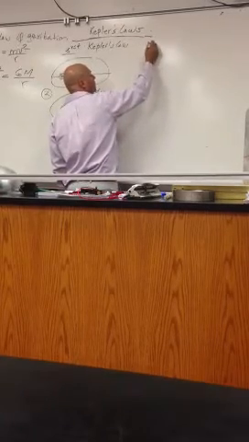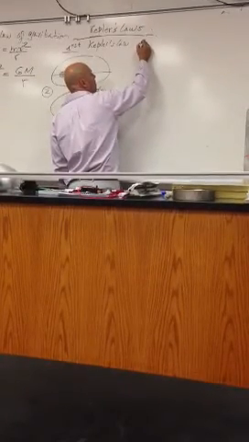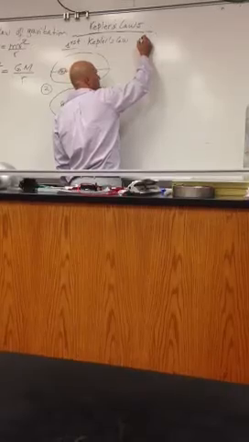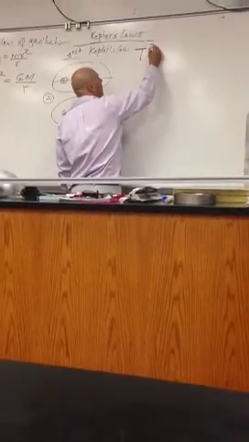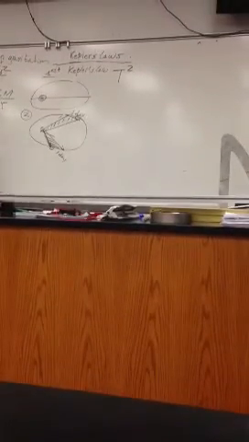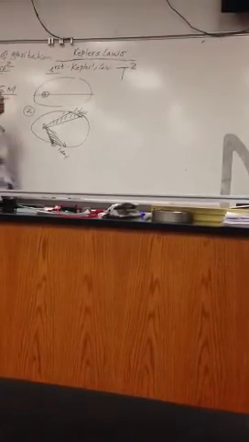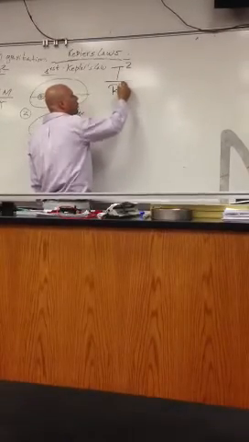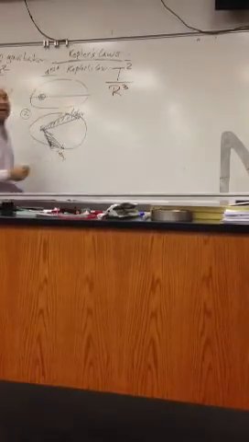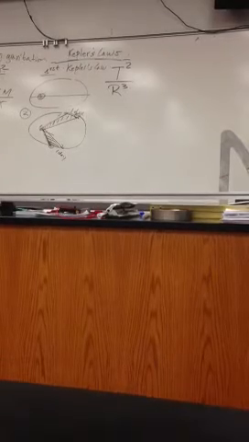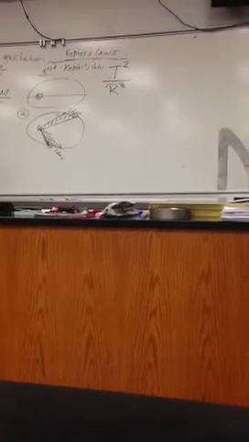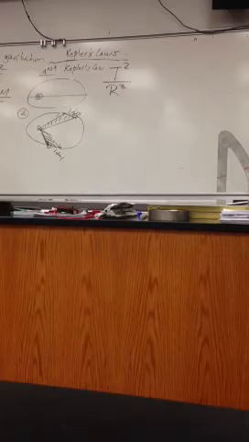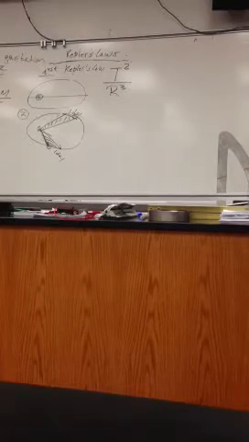The third law, which is the one that I will use here, said that the ratio of the square of the period, which is the time to complete one full revolution, divided by the cube of the distance or radius, the distance from the sun to the planet, will be equal for all planets in the solar system.